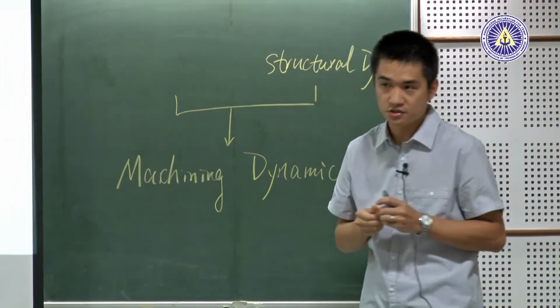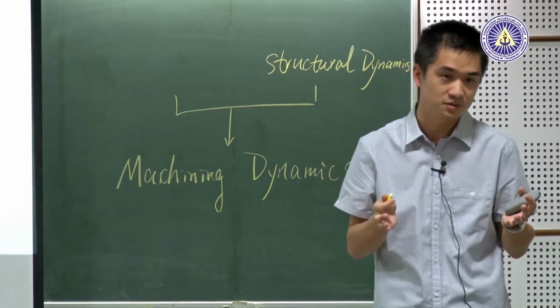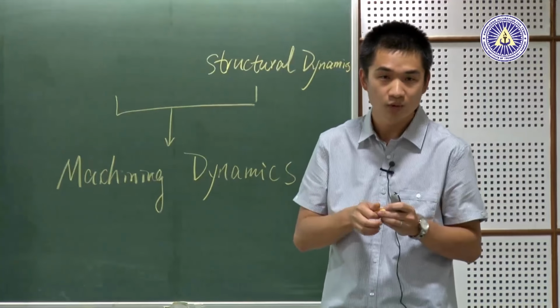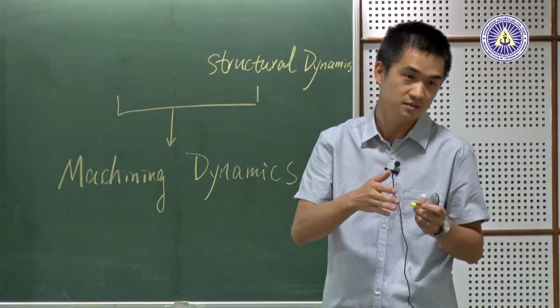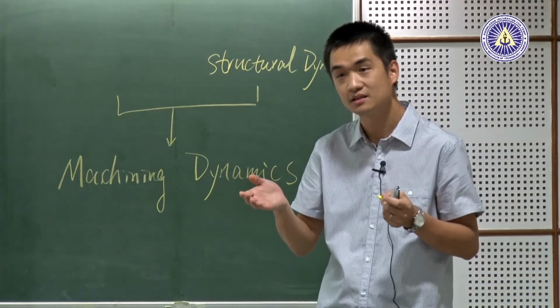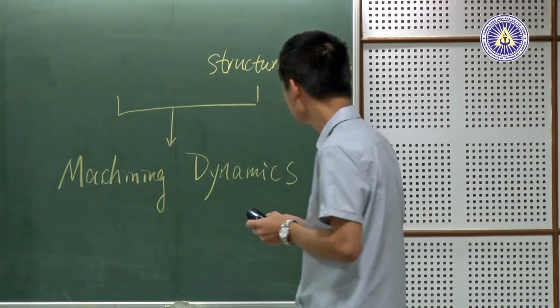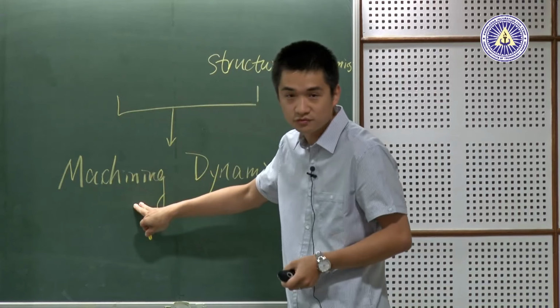Any mechanical structure has certain natural frequency, damping, and stiffness. When a certain periodic or any excitation is applied on a structure, it has either a transient or periodic steady state response, meaning the vibration.